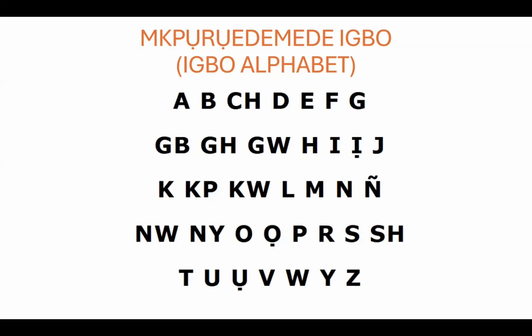So we'll have J, K, Kp, Kw, L, M, N. The N with the accent there is Nye. You hear it in words like ọṅụ. Ọṅụ means joy, and it's spelled like O-N-U.